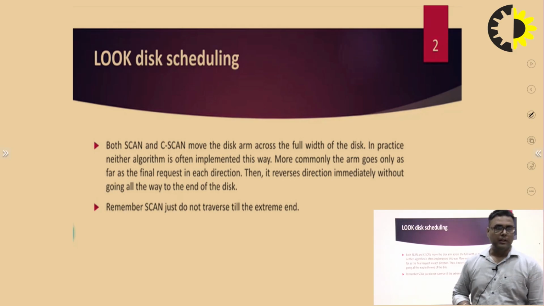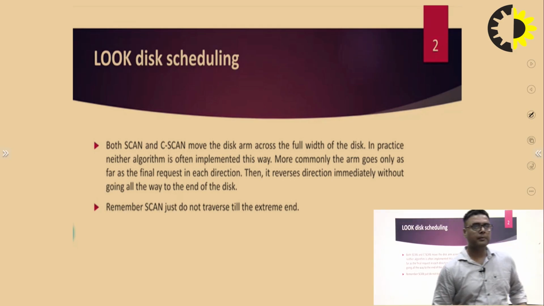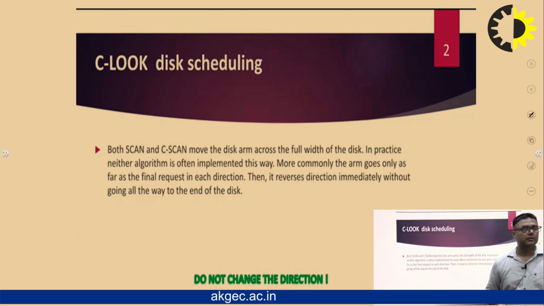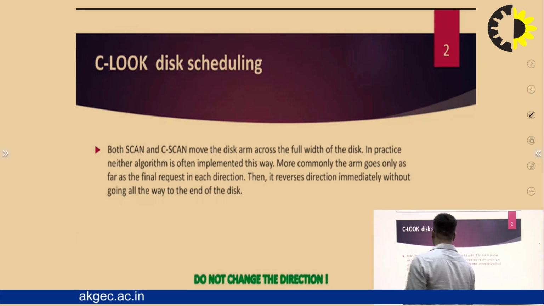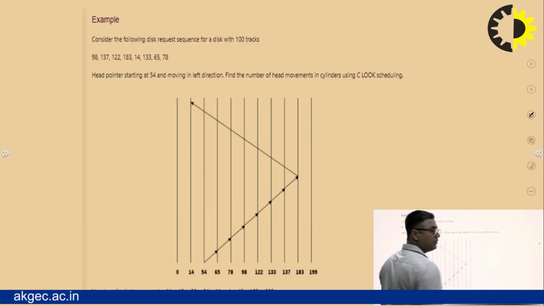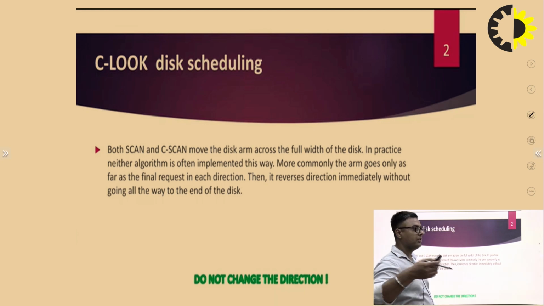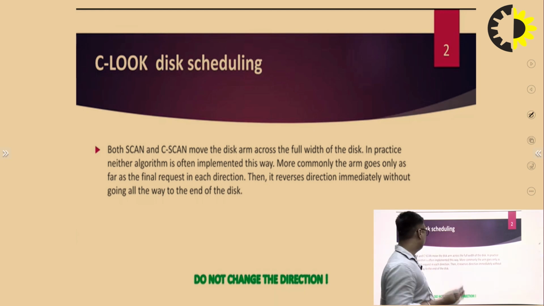Then it reverses direction immediately without going all the way to the end of the disk. Remember, LOOK does not traverse till the extreme end. We move in that direction, not to the last position, just to the second last position, and enter all values in this way.